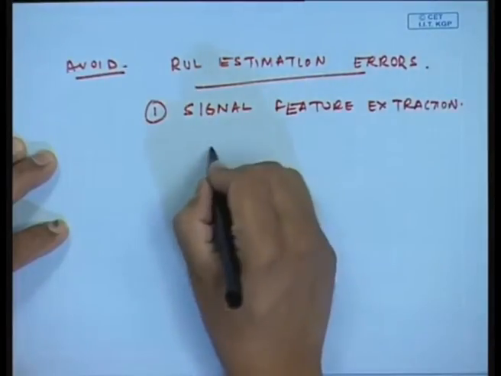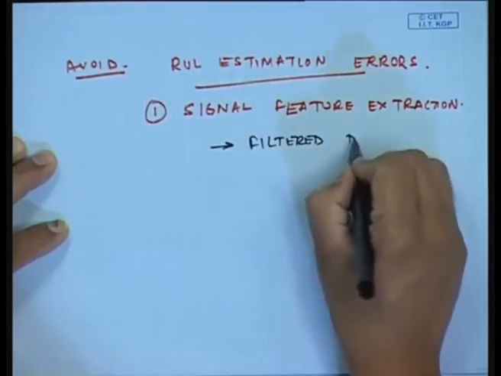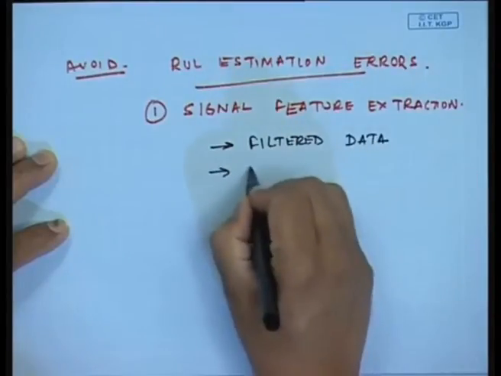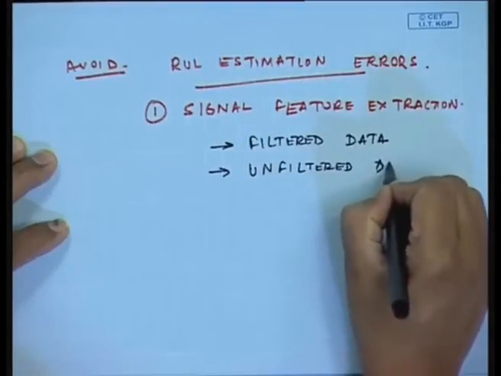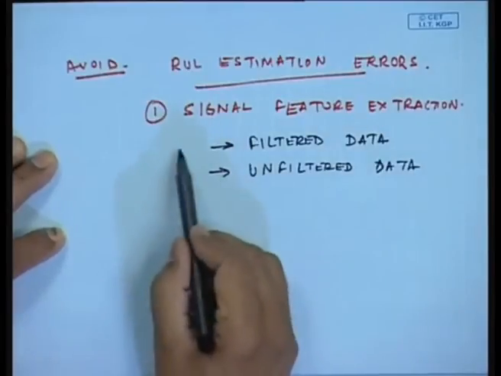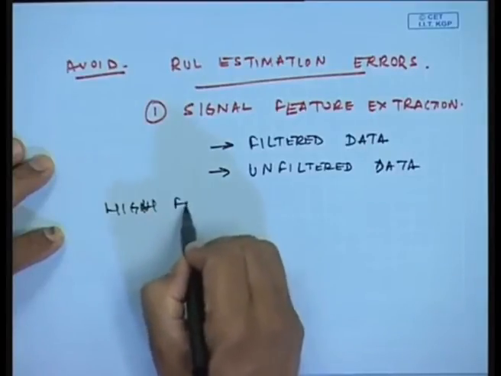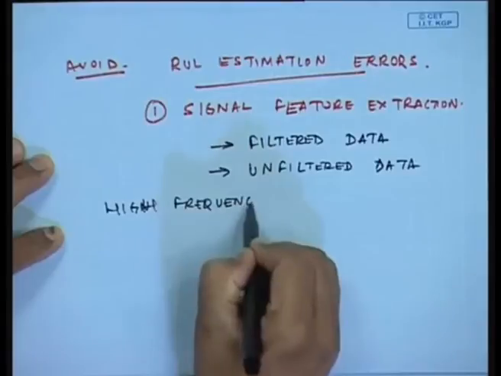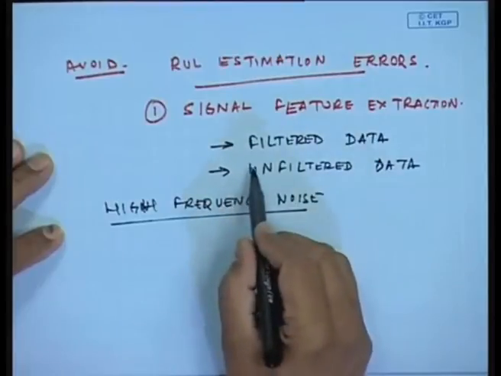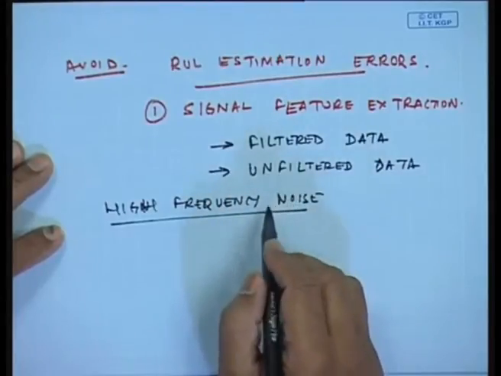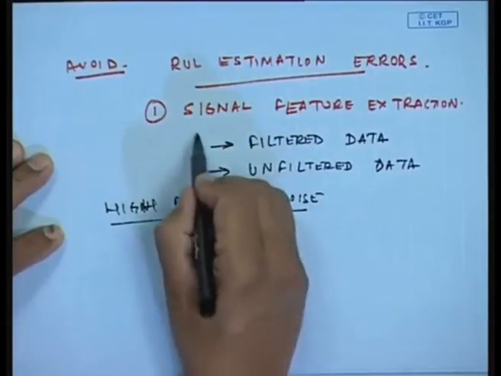In one case there was filtered data, and it was unfiltered. Once we had the filtered data, it eliminated the high frequency noise. And then once we had the unfiltered data, the prediction was very good, and we had a better prediction.